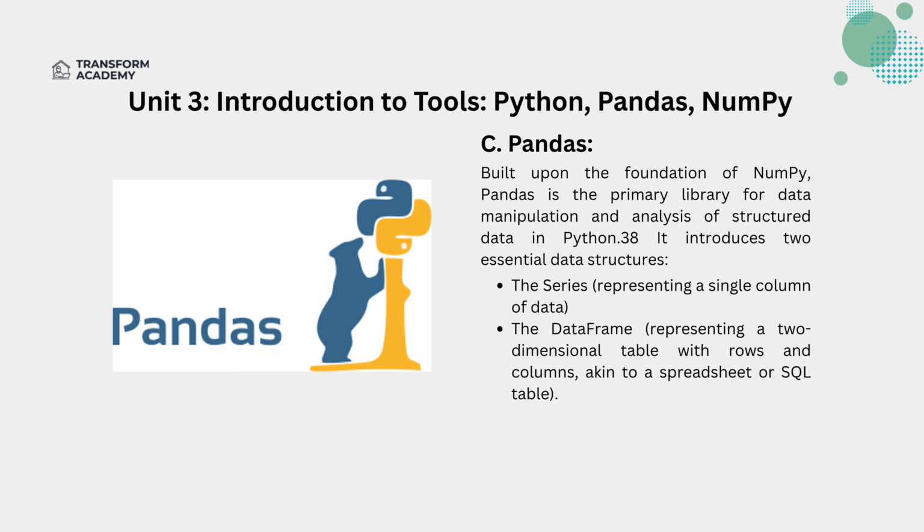Pandas provides extensive functionality for reading data from various formats like CSV files, Excel spreadsheets, and SQL databases, cleaning data, handling missing values, filtering rows, transforming data, which includes handling columns, reshaping tables, merging datasets, and performing exploratory analysis. Its intuitive structure makes working with tabular data much more manageable.